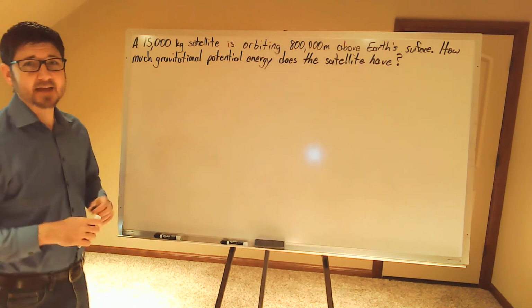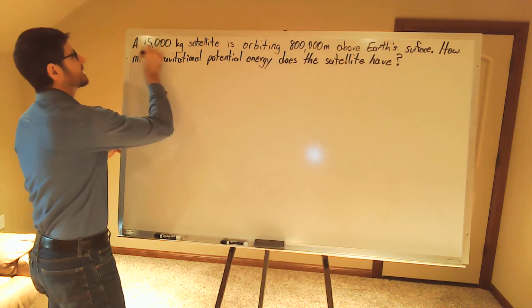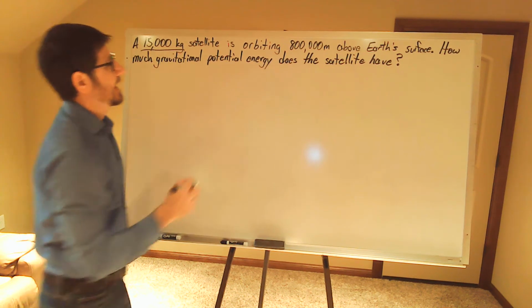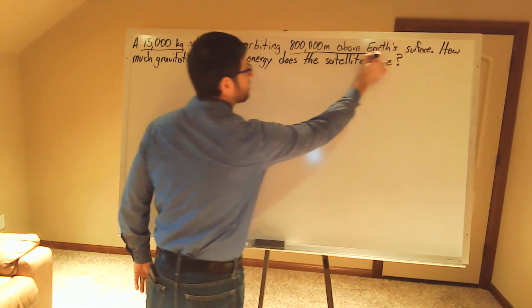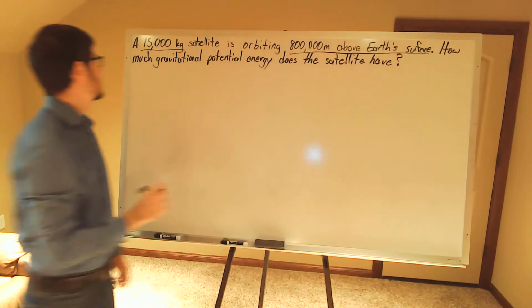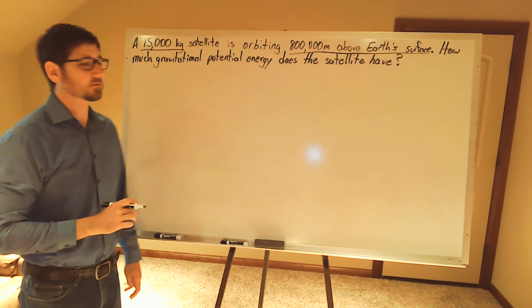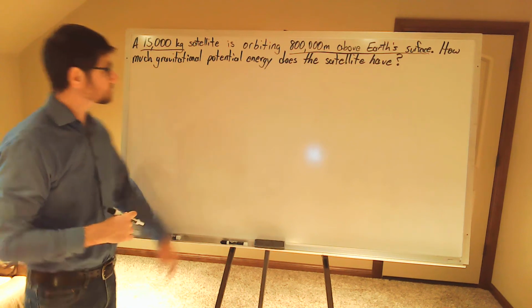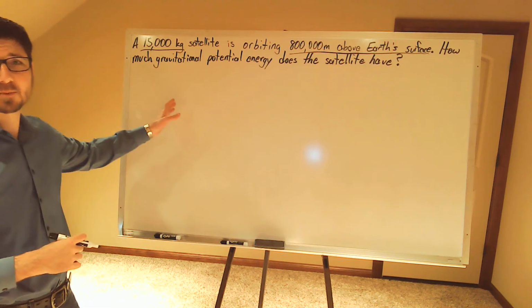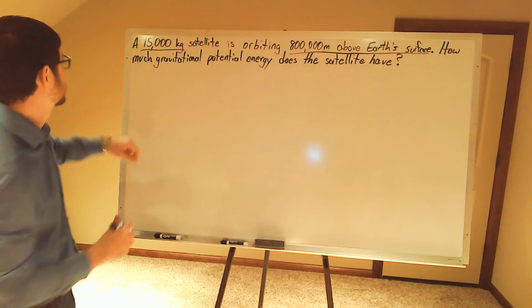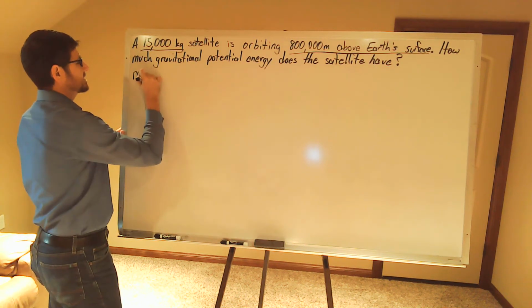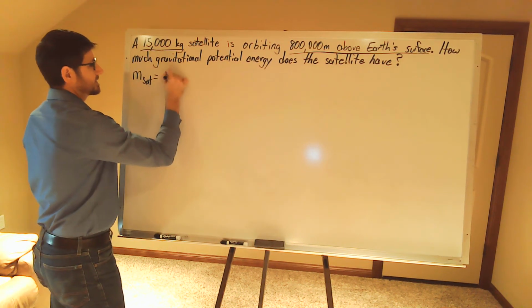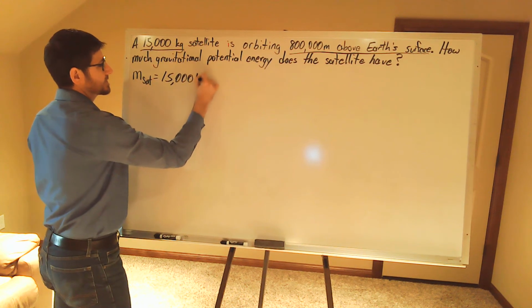A 15,000 kilogram satellite is orbiting 800,000 meters above Earth's surface. How much gravitational potential energy does the satellite have? So let's create a column of knowns and unknowns here. The mass of the satellite, 15,000 kilograms.